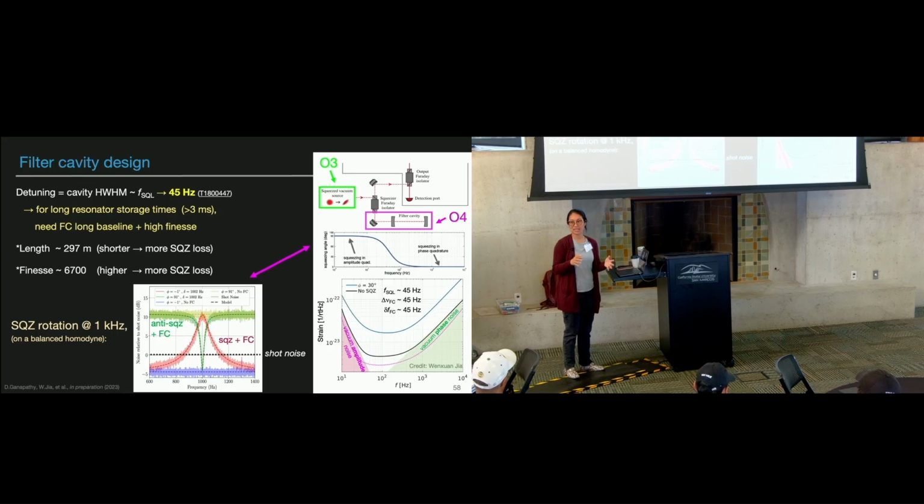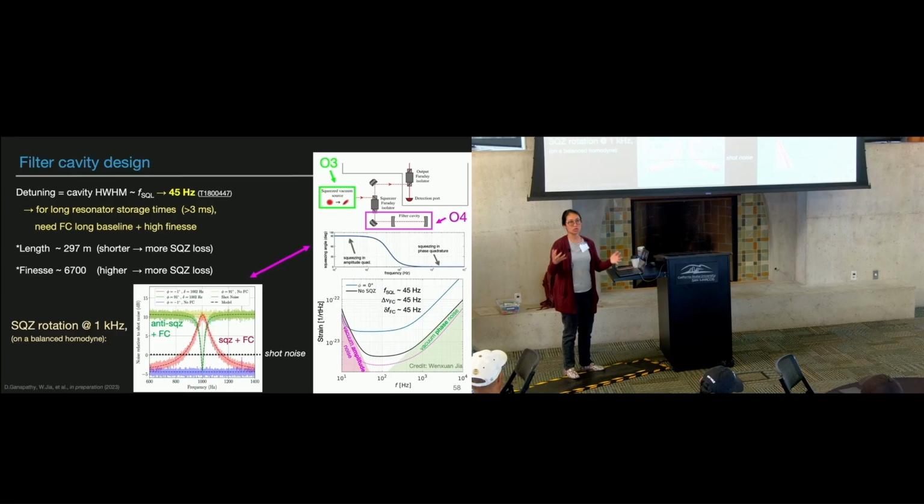That means it already can't be in air because it will scatter off of air particles. So now you're talking something in vacuum. How do you get a long storage time optically? Well, you could either have a really, really long beam tube or you could have many round trip passes. The problem with bouncing a laser beam around in an optical cavity is the more passes it has, the more the surface defects and the surface loss will affect you. You have cavity enhanced loss at every mirror surface.